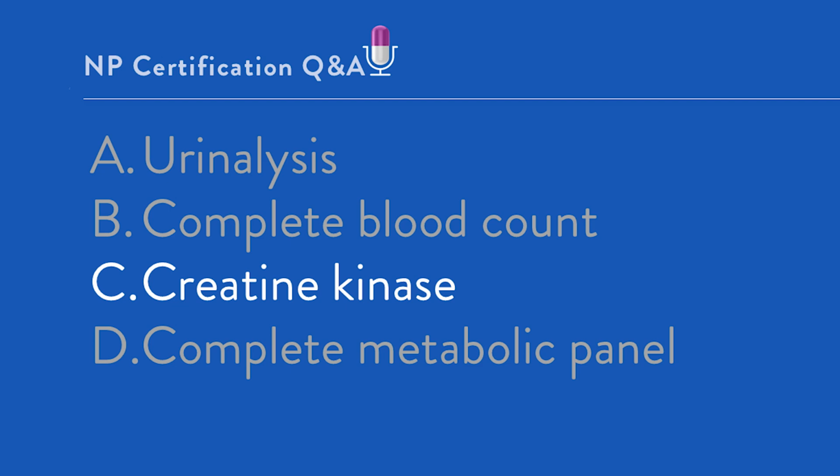So what you want to know about it, both for your own clinical practice to be safe, as well as your boards, where I'm sure you will see this concept, is that the primary risk factor for it is a patient who has either recently started a first-generation antipsychotic or had their dose increased.